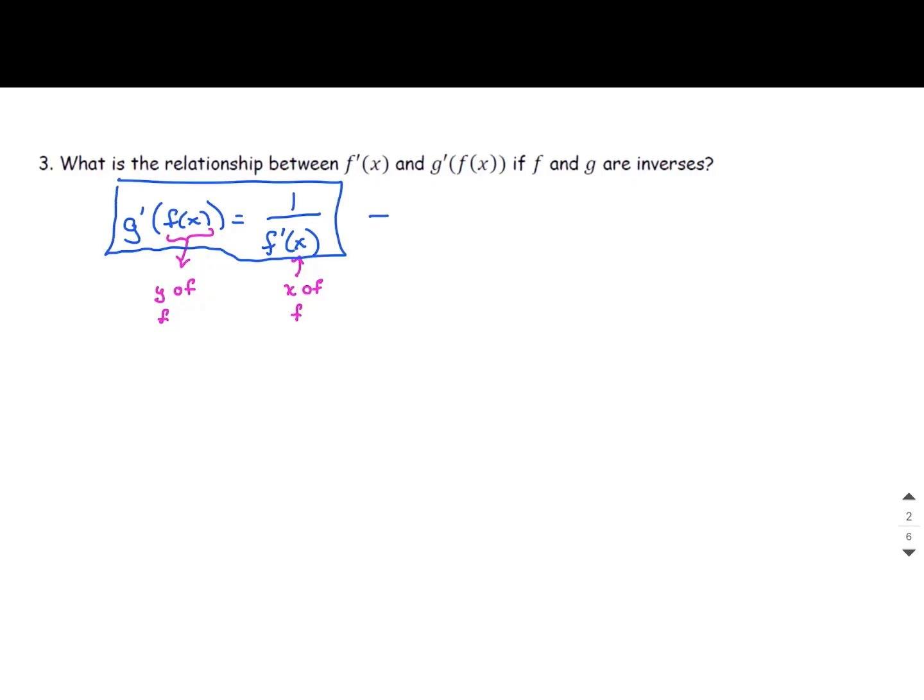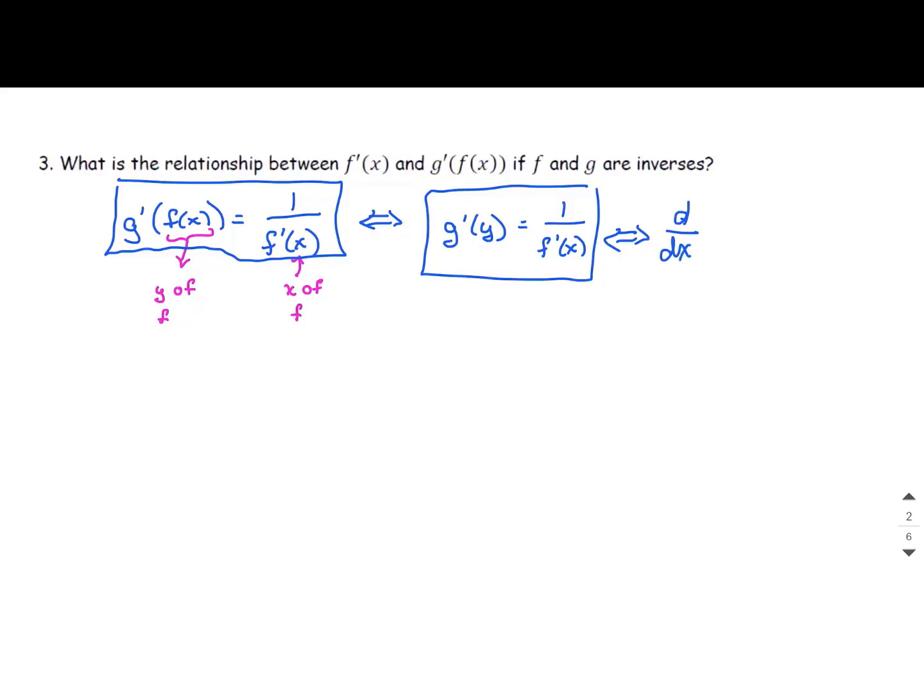Now, not only that, another way we can write that: since f of x is a y of f, we can write g prime of y. Not really the best notation, but every once in a while you'll see somebody write it. And another way to write that, because remember g was just f inverse, is the derivative with respect to x of f inverse of x equals 1 over f prime of x.